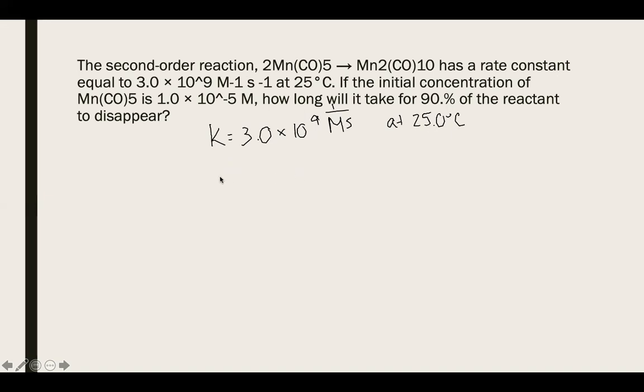We're also given the initial concentration of our reactant, which we can just call MnCl(CO)5, is 1.0 times 10 to the negative fifth molar. And then it's asking how long it's going to take for 90% of the reactant to disappear.